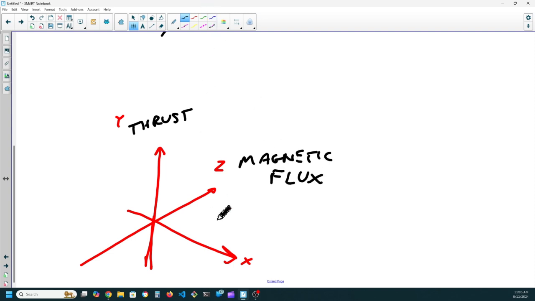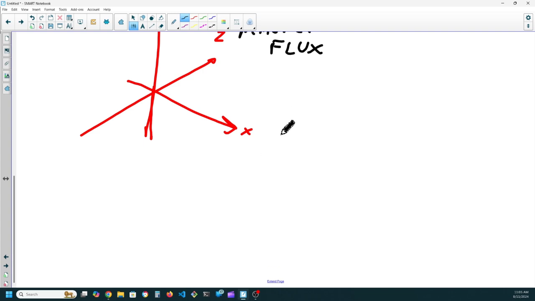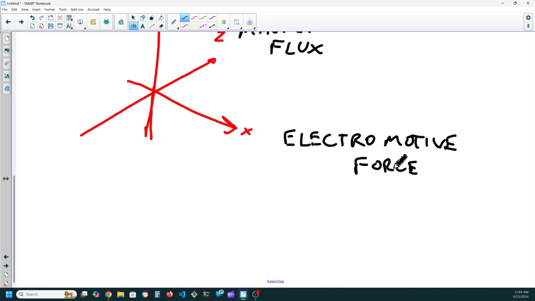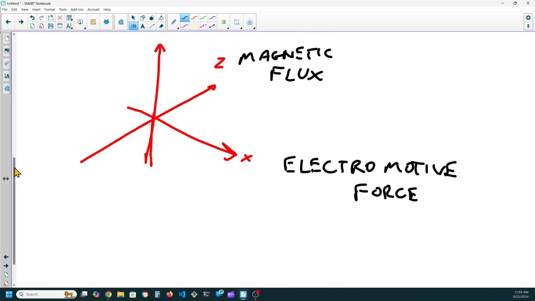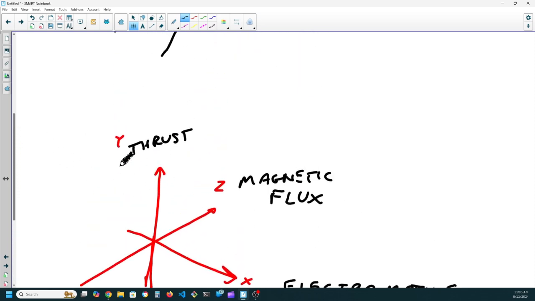And X represents the current flow or electromotive force. I just called it motive force. I'm taking poetic license. Electromotive force. So I called it middle finger motive force, forefinger flux, and thumb is thrust.